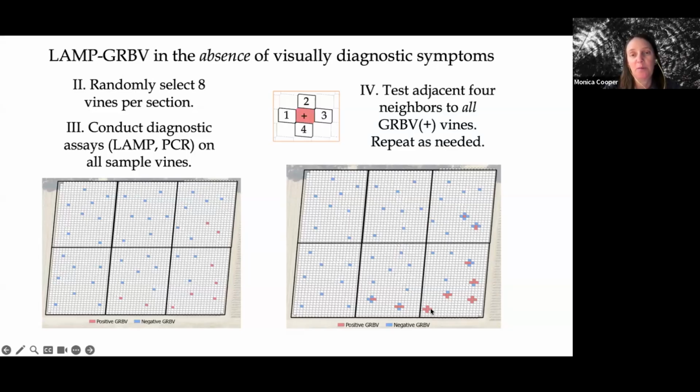When you get positives within that second sampling, you would then go out from any positives in that round and sample the adjacent neighbors. And you can repeat that as often as you need in order to determine what the spatial distribution of infected vines is within the vineyard block that you're interested in.